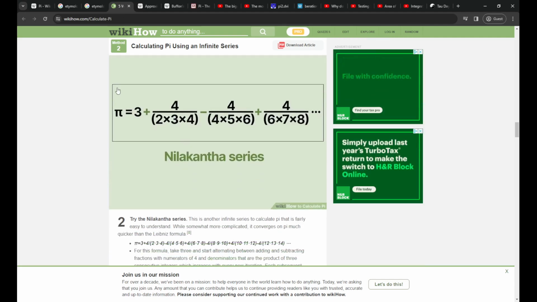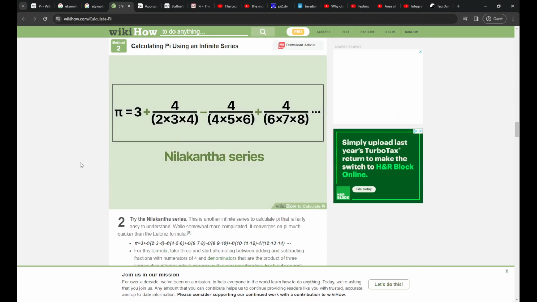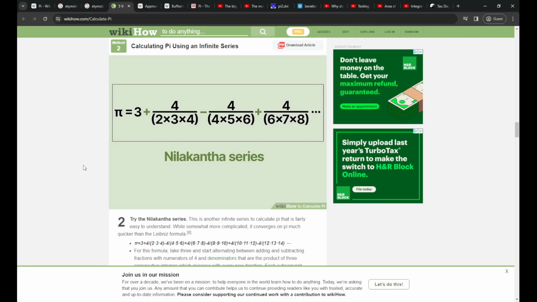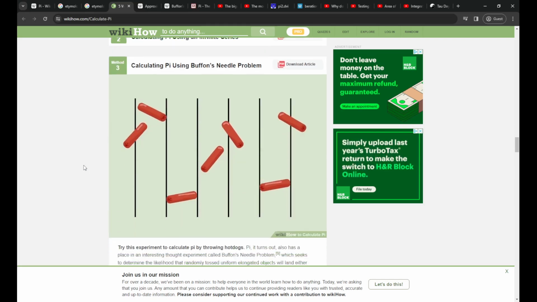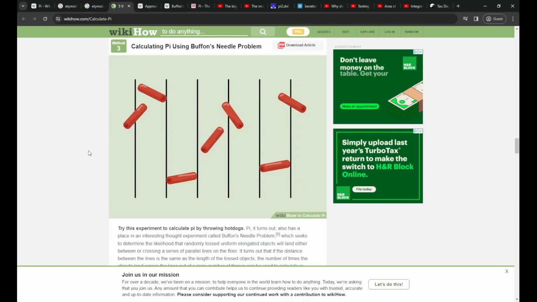Here's another infinite series called the Nilakantha series, which I have never heard of before, but that's interesting. And here's a physical experiment one called the Buffon's needle. Sometimes they're illustrating with hot dogs here, but you can also do it with straight pins.